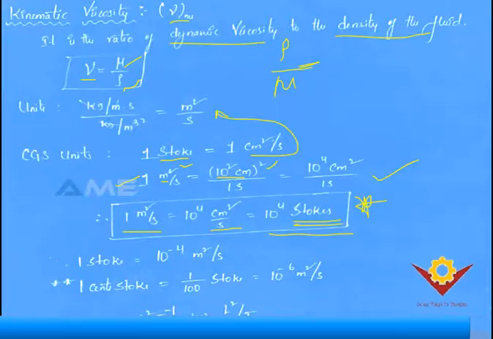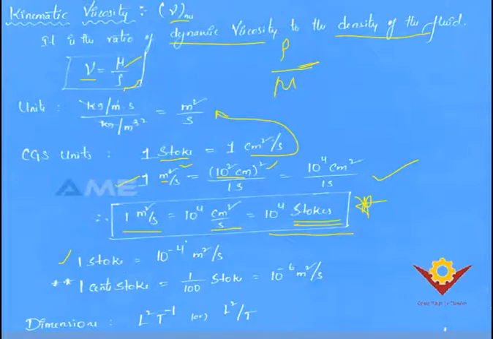And now 1 Stoke is equal to, see, if you want to write for 1 Stoke, then this is your formula: 1 Stoke is equal to 10 to the power of minus 4 meter square per second.